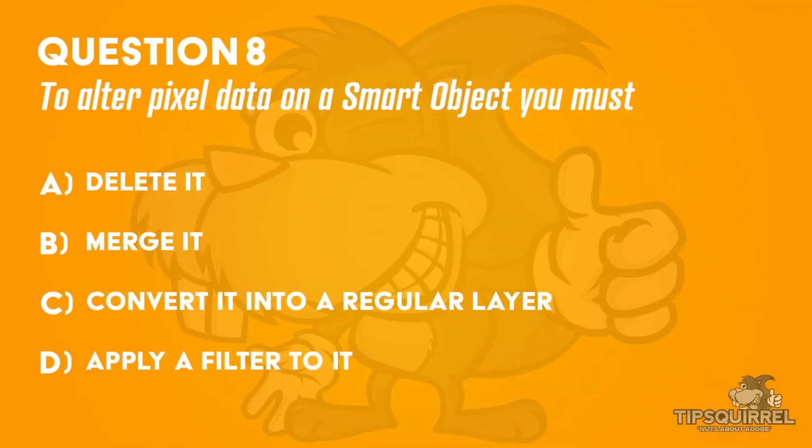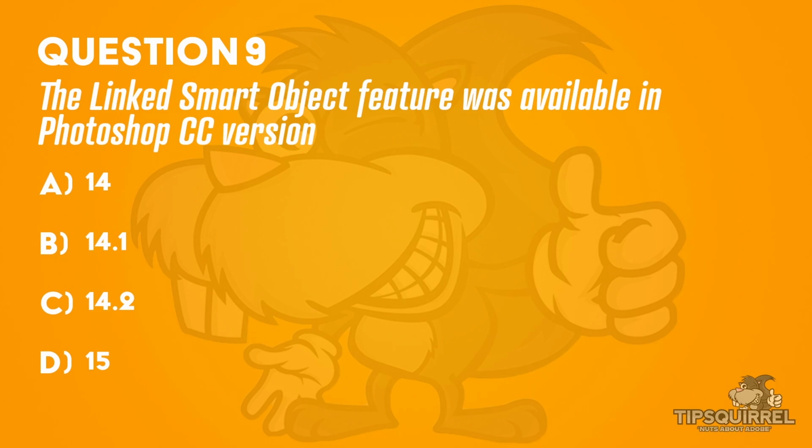Question number 8. To alter pixel data on a smart object, you must A, delete it, B, merge it, C, convert it into a regular layer, or D, apply a filter to it. Question number 9. The linked smart object feature was first available in Photoshop CC version A, 14, B, 14.1, C, 14.2, or D, 15.